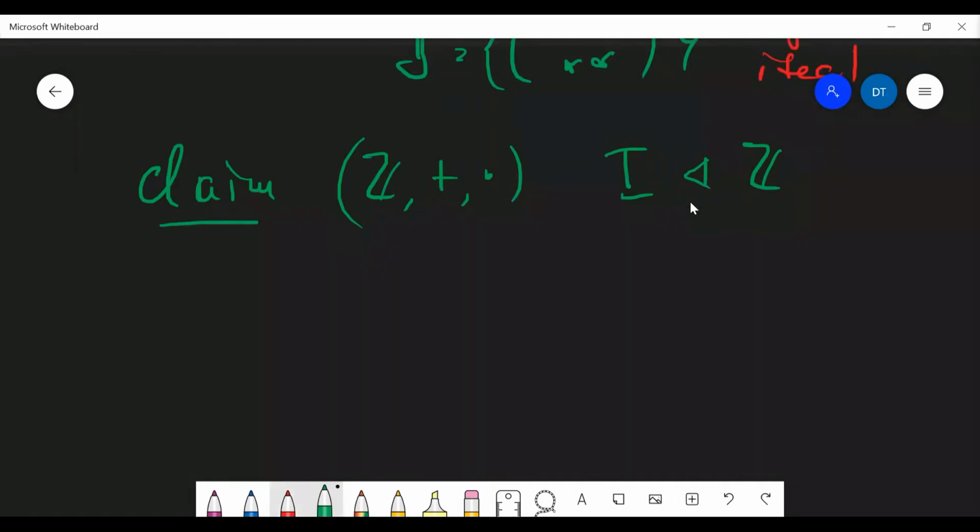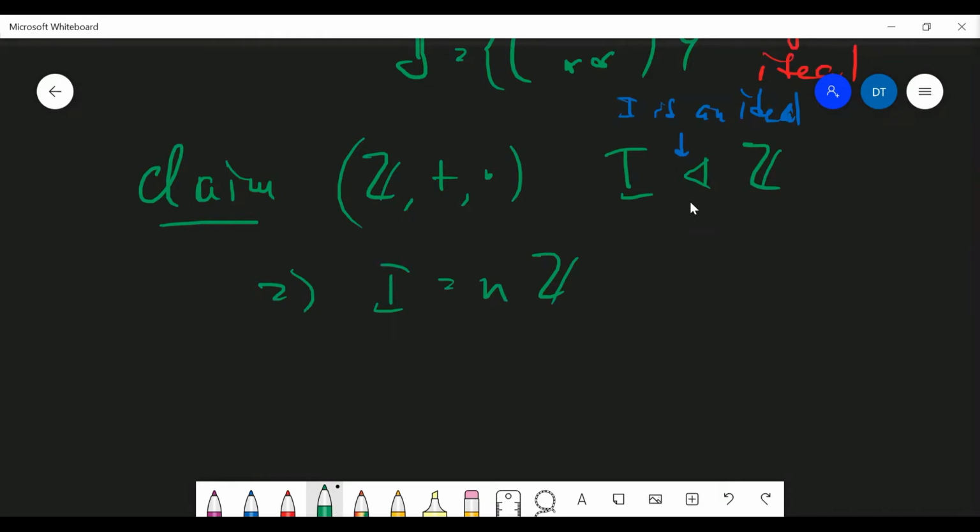This symbol means that I is an ideal. This is just a notation, a convenient one. So suppose that we have an ideal of Z, then I is of the form nZ. I have already mentioned that this is obvious because we know that every subgroup has this form.